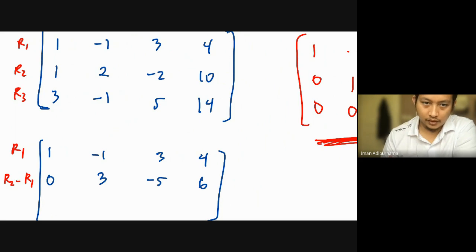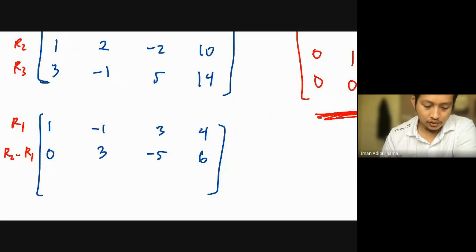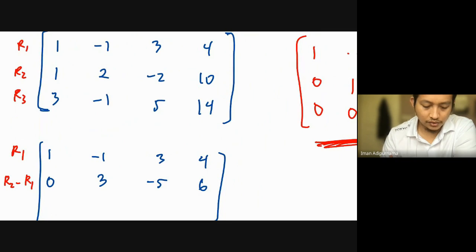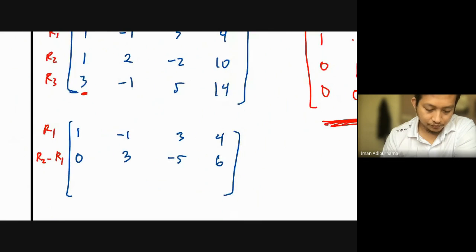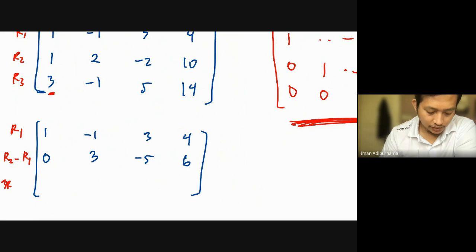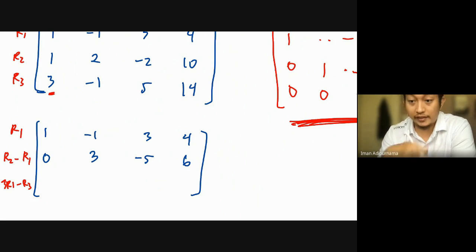Now the third row has constant 3 in the first section. I need to make this 0. So I need to subtract either triple R1 or triple R2. Let's take 3R1 minus R3, or you can write R3 minus 3R1. It will be the same conclusion at the end.